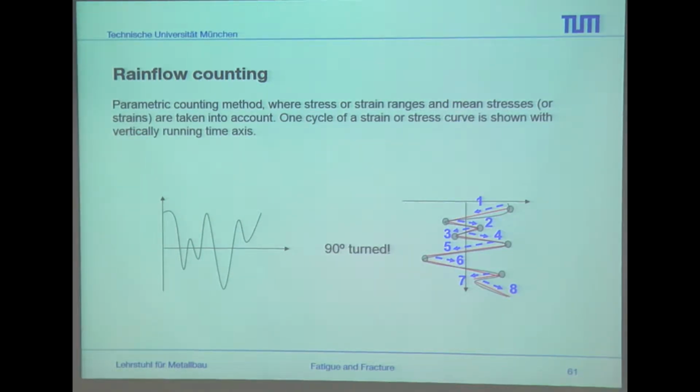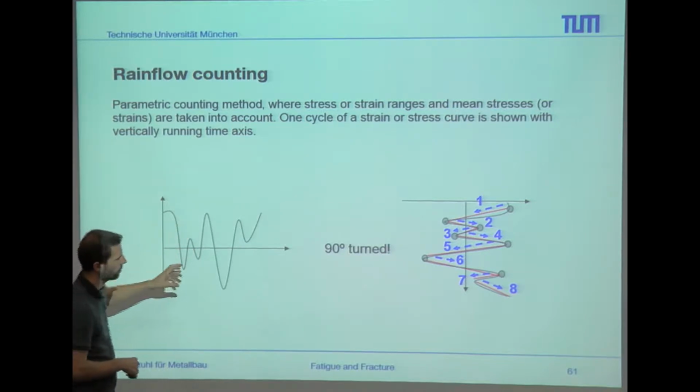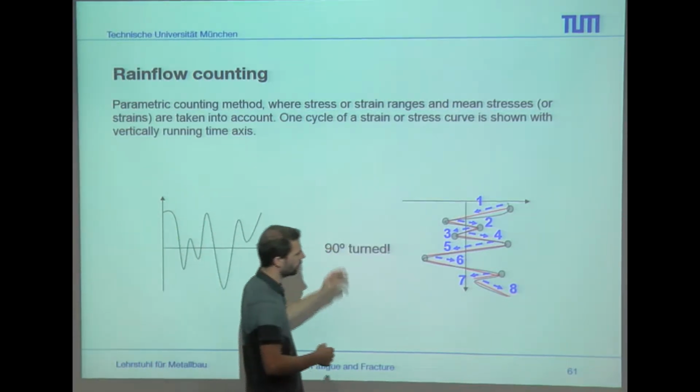Due to this, there was the idea to create also a counting method which is related to this material behavior. And this is mainly known as the rainflow counting method. What you can also see here, for example, is the time signal, turned around by 90 degrees.